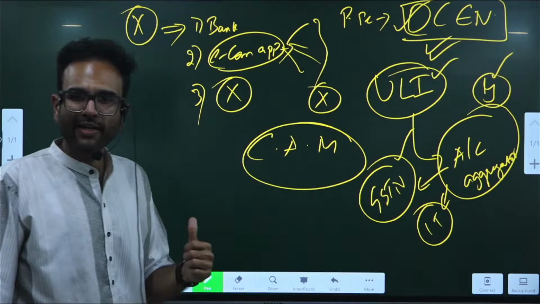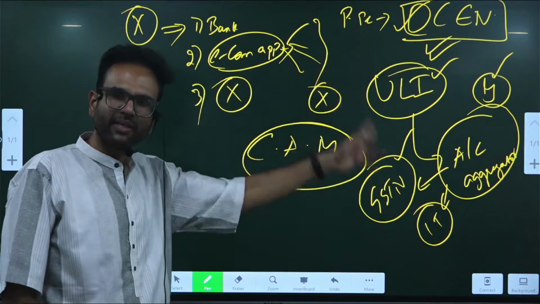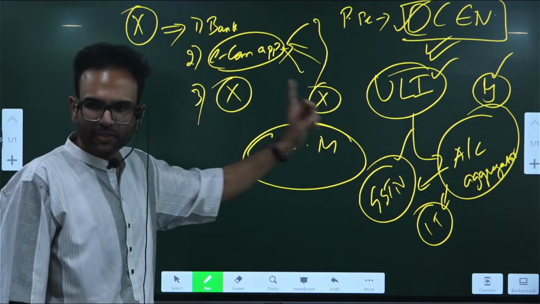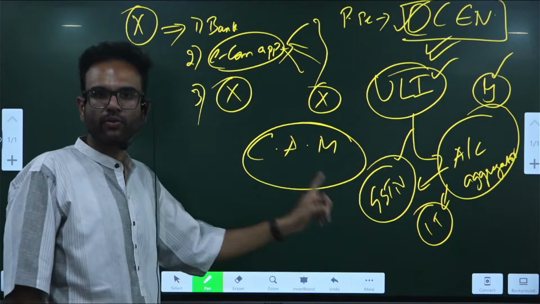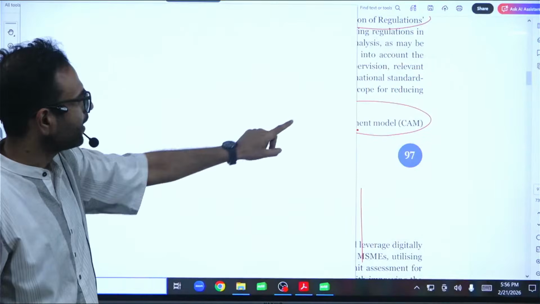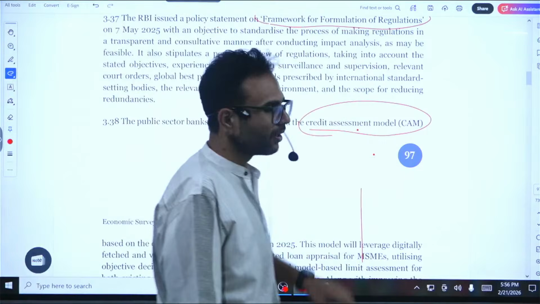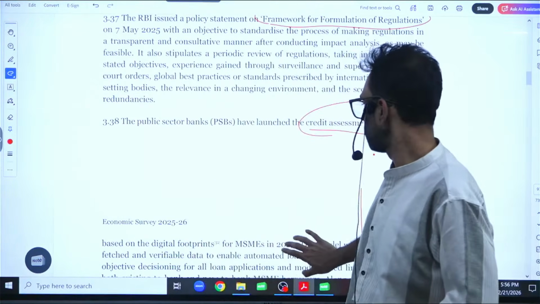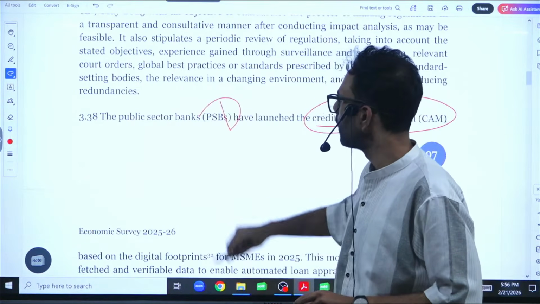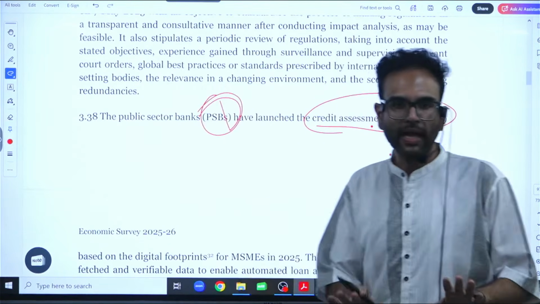The survey did not explain all these terms, but in the previous version, they explained. We are connecting this edition, trying to create a narrative here. Credit assessment model, and remember, this is for public sector banks as of now.